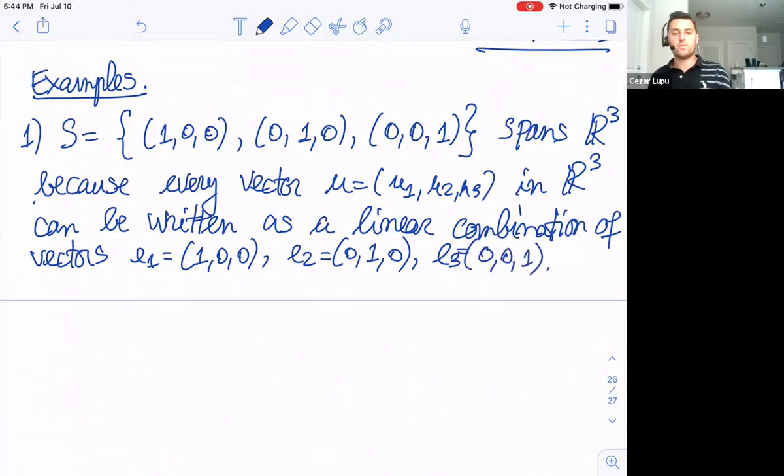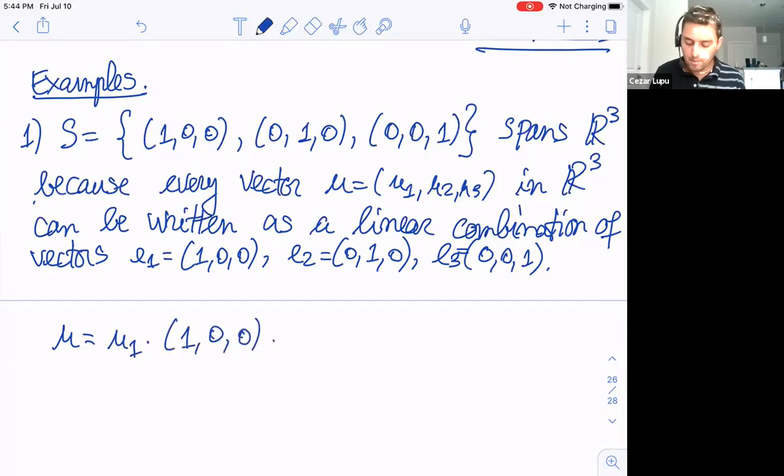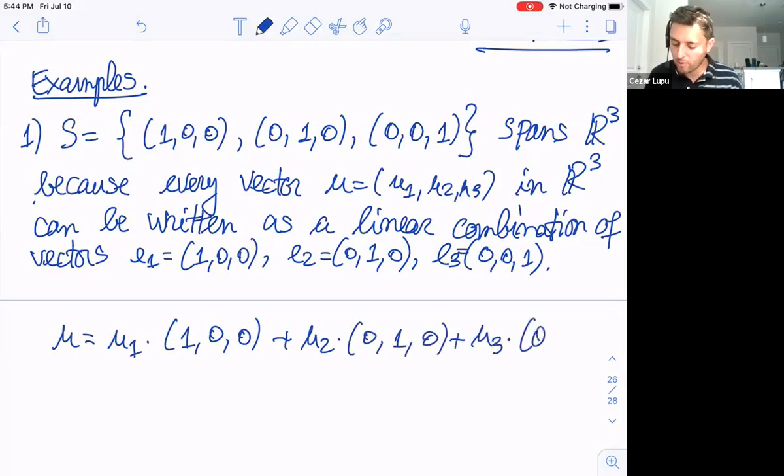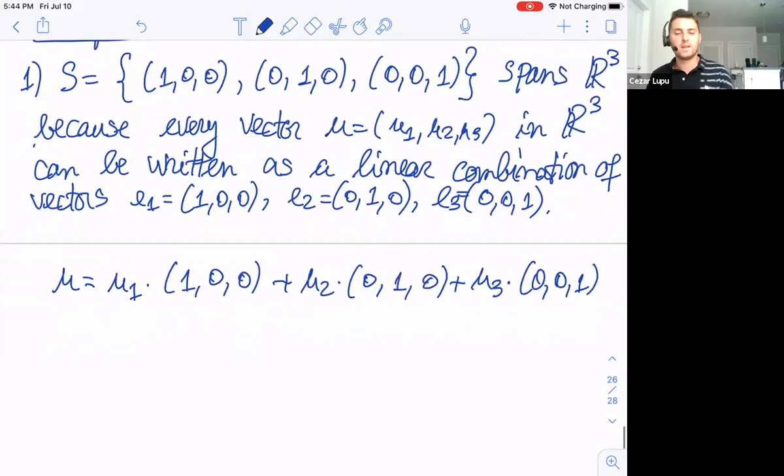Well, is this true? Well, if you look at it, u is nothing else than just u1 times (1, 0, 0), plus u2 times (0, 1, 0), plus u3 times (0, 0, 1). You see, this is a linear combination of vectors e1, e2, and e3, and scalars u1, u2, and u3.